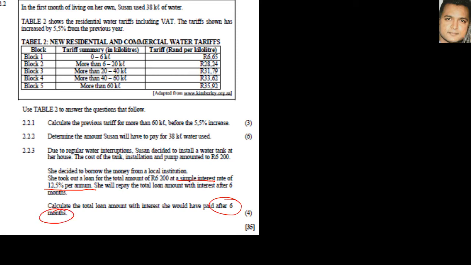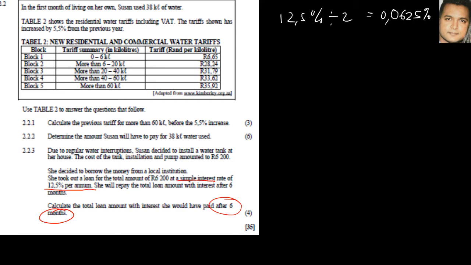So the first thing we can do, which is fairly easy, is take the 12.5% and divide it by 2, and we get an amount of 0.0625. Remember, that's percentage. Now that we found this, we will multiply this by 6,200.